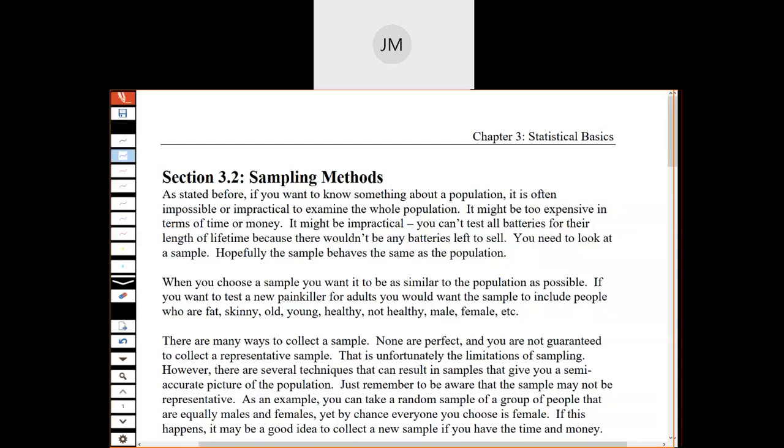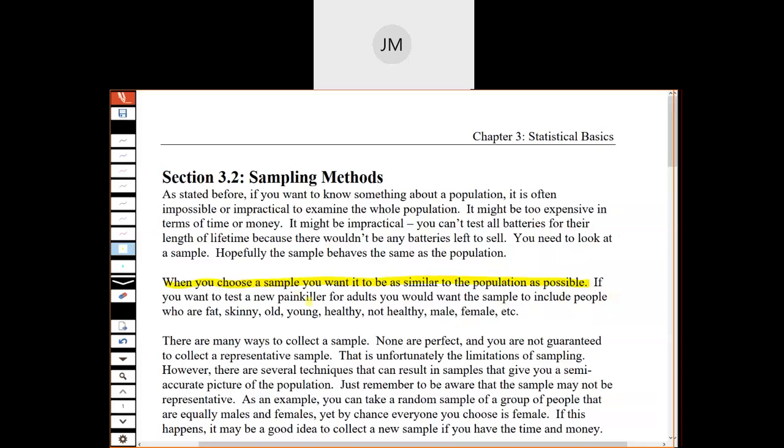Now we know that different samples will give us different results, but we don't want our sample to mislead us. So it's really key that when we choose our sample, we want it to be as similar to the population as absolutely possible. Like here, they're giving you an example.